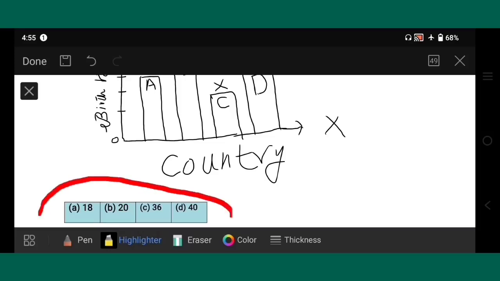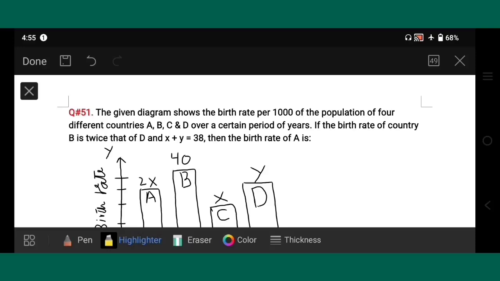So if the birth rate of country B is twice that of D, then B is equal to 2D.